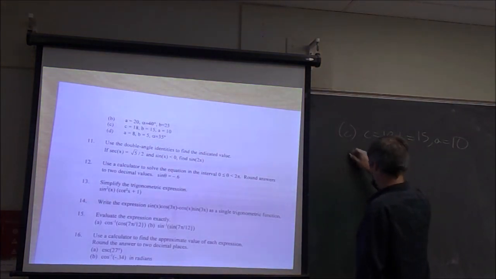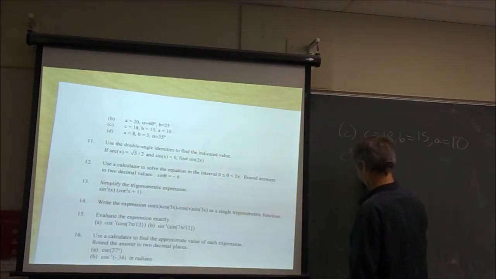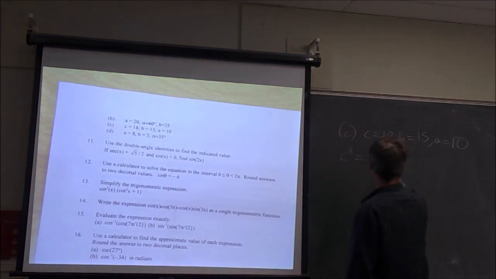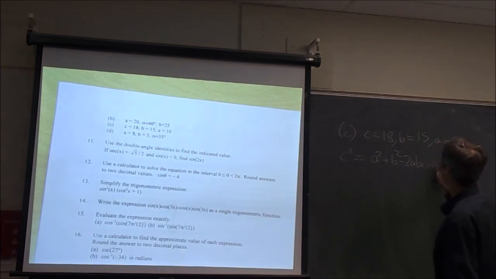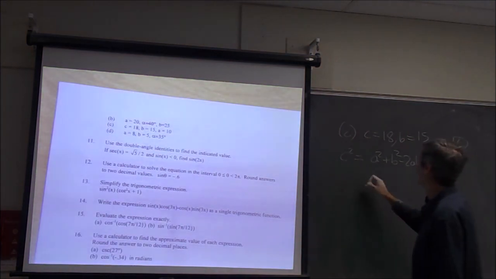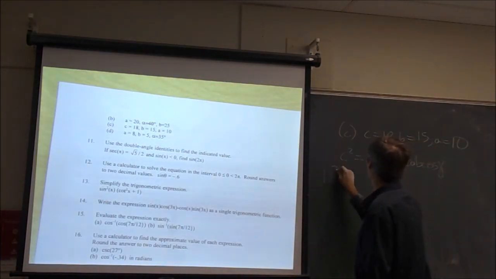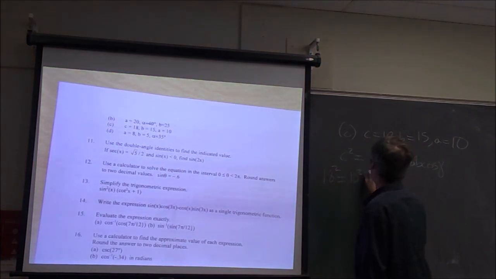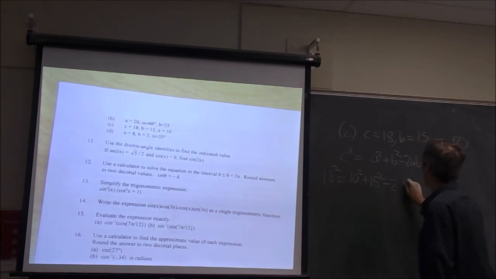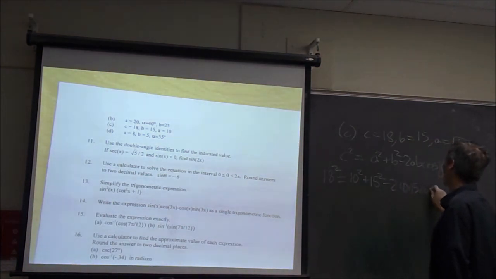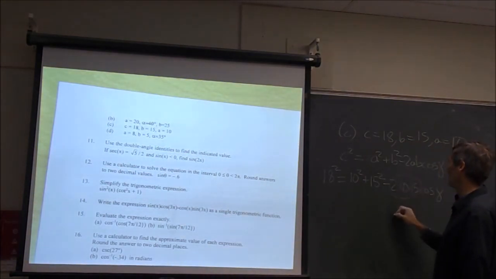I write down one of the law of cosines things. c squared equals a squared plus b squared minus 2ab cosine gamma, for instance, and I can use that to find gamma. So I've got 18 squared equals 10 squared plus 15 squared minus 2 times 10 times 15 cosine gamma. 2 times 10 times 15 is 300.